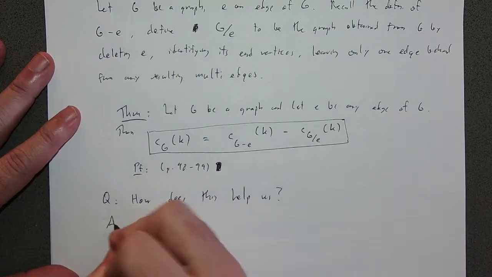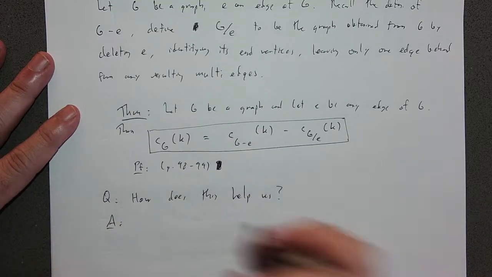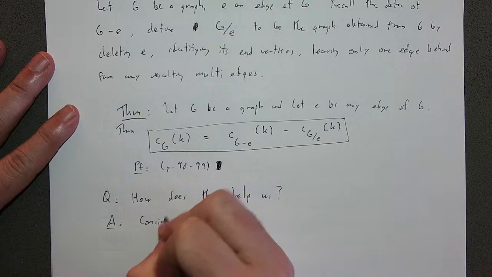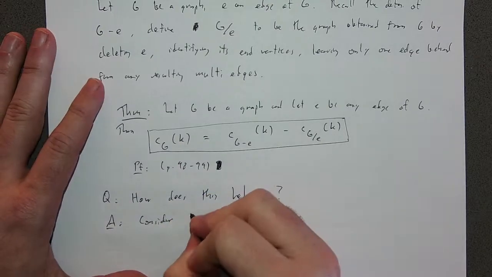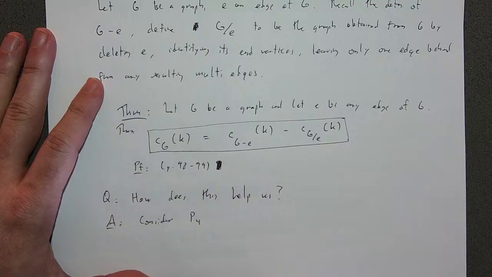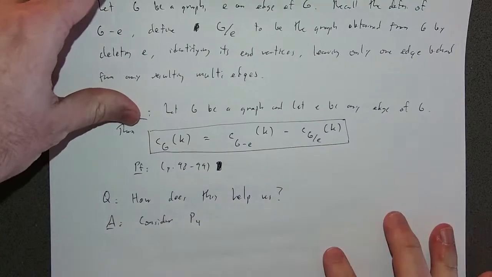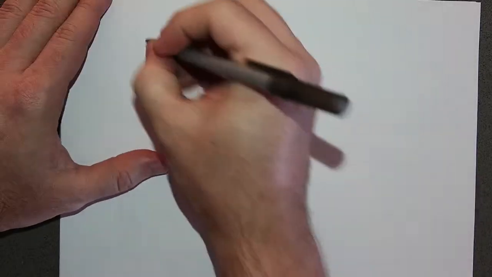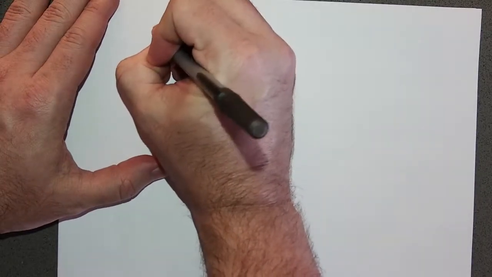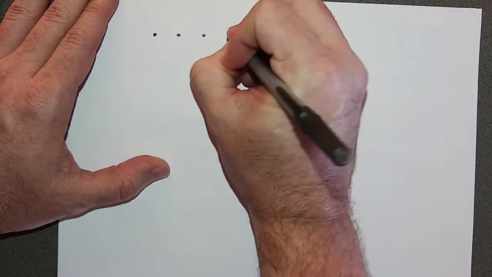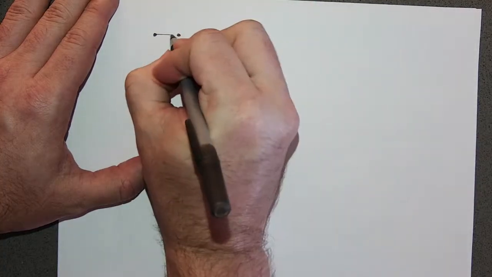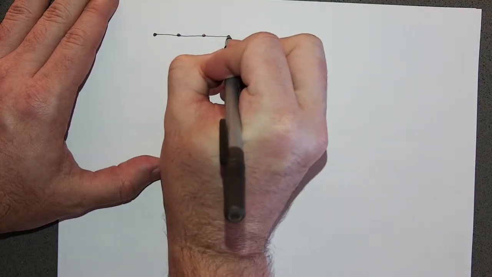To see an answer, let's consider a specific graph. Let's consider a path on 4 vertices. Maybe let's draw the path on 4 vertices on the next page. Okay, there it is.